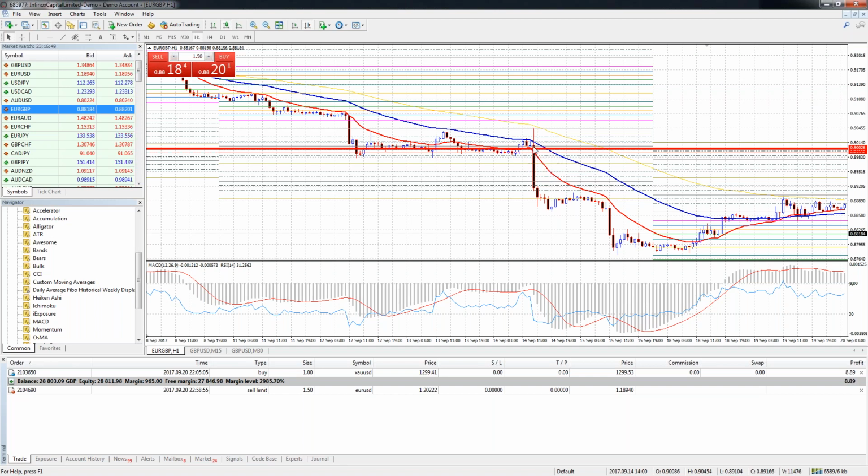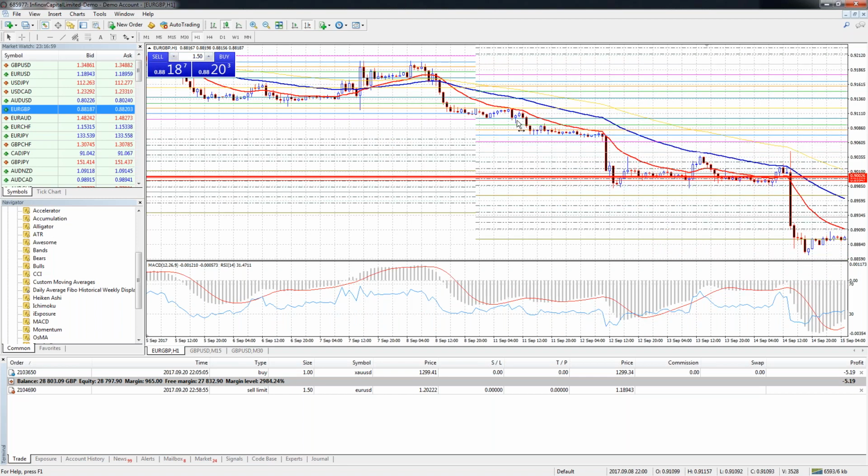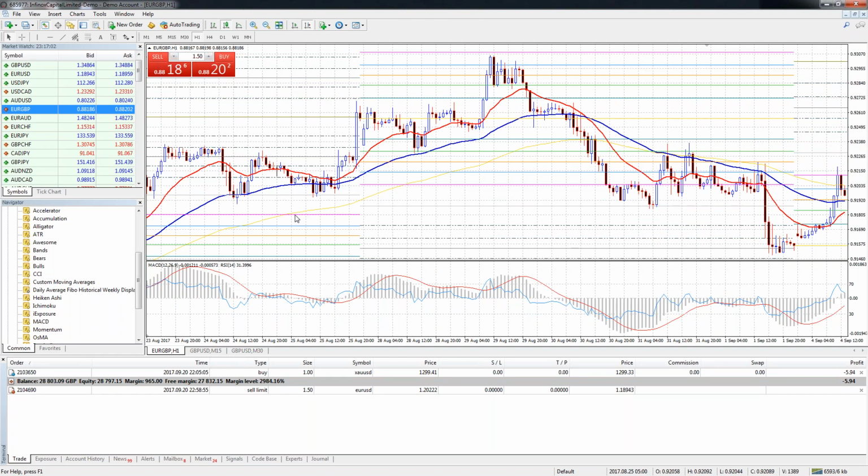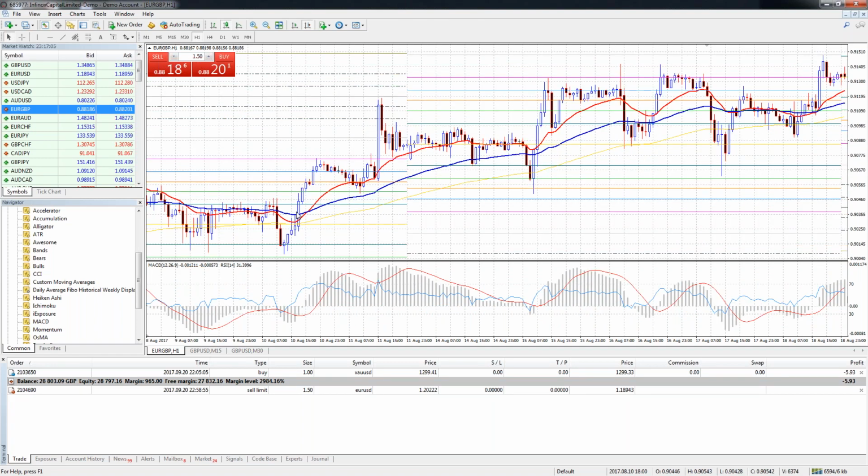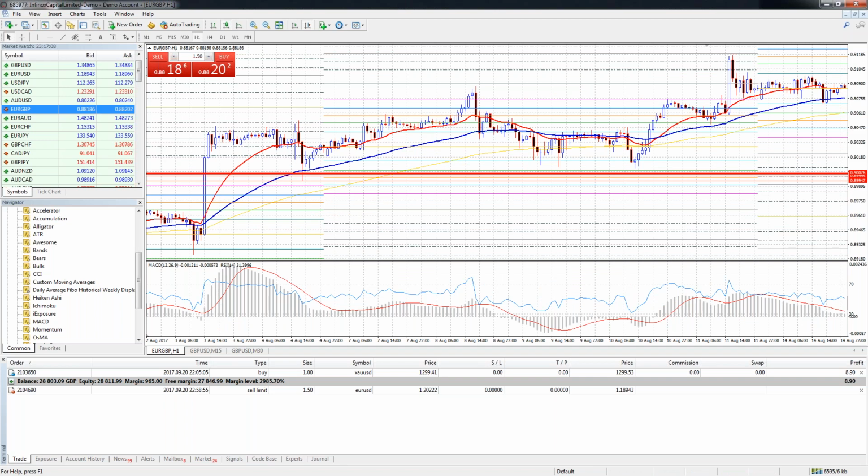And having broke that, all the sellers were then attracted to this level. All the sellers were here looking at 0.9 for support, because obviously after it broke above this level earlier in the summer, right here, early August, the market now looks at this level here, the red line, 0.9, as potential support.